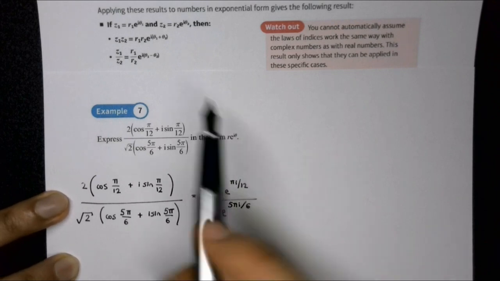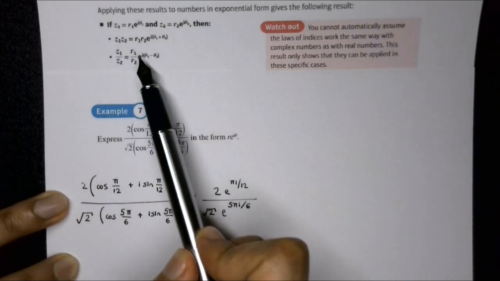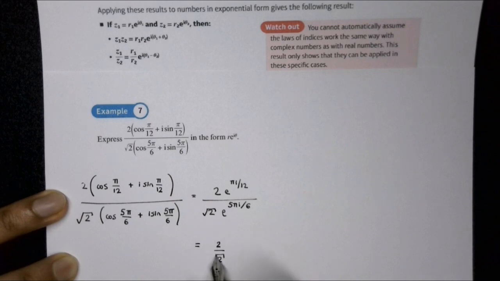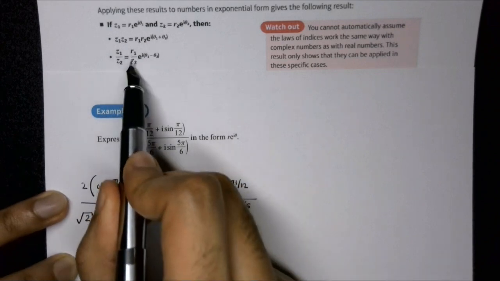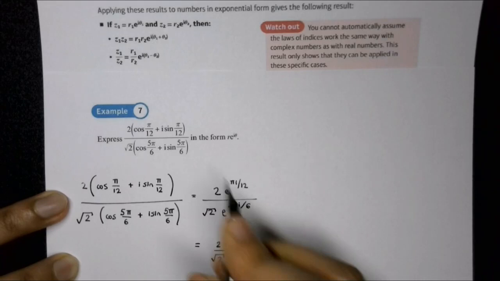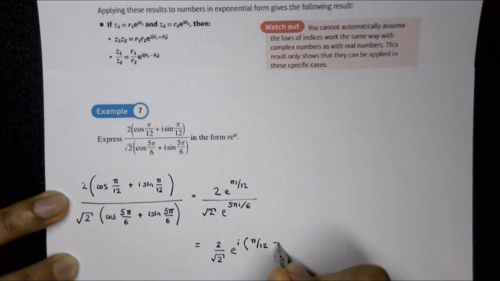So we need to use the rule over here when dividing complex numbers. So to deal with this, we have 2 over root 2, so that is r1 over r2. And then we multiply this by e, and we raise this to the power of i, and then we subtract the arguments. So we have here i lots of pi over 12 minus 5 pi over 6.